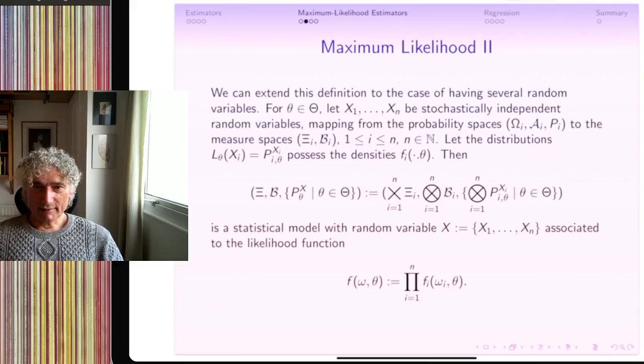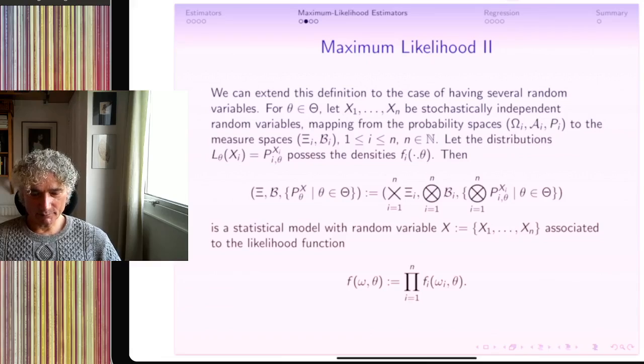Now we have again the parametrized distributions, given by L theta of x_i, and they all, like before, are supposed to possess densities, which we denote by f_i.